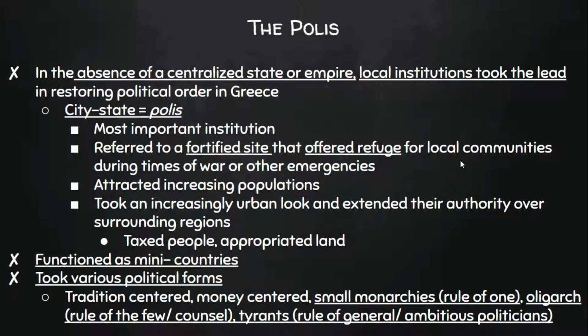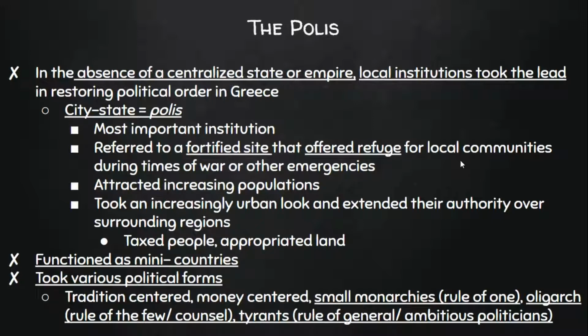In the absence of a centralized state or an empire, you have these local institutions that started to restore political order in Greece. These institutions are called city-states, or a polis. These are the most important institutions when you talk about ancient Greece.